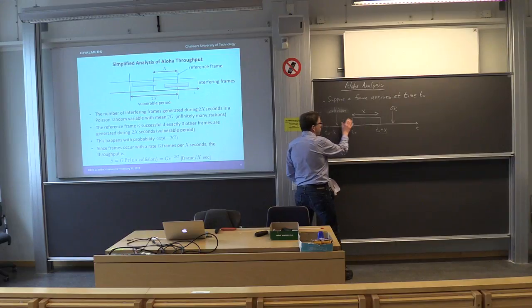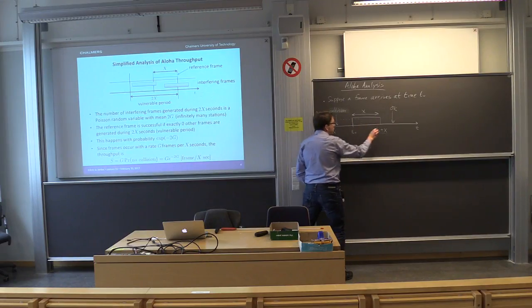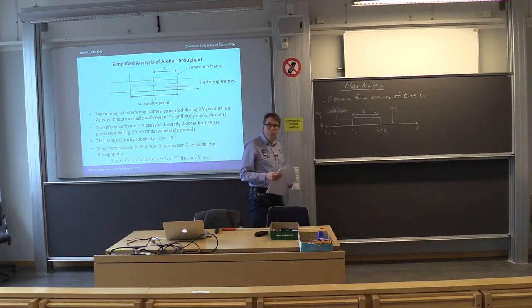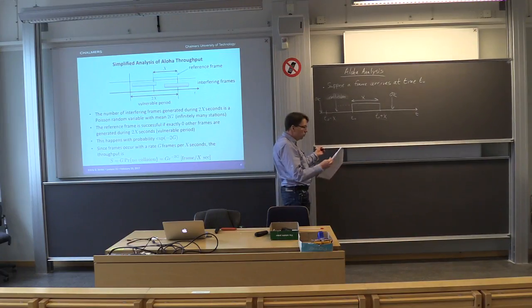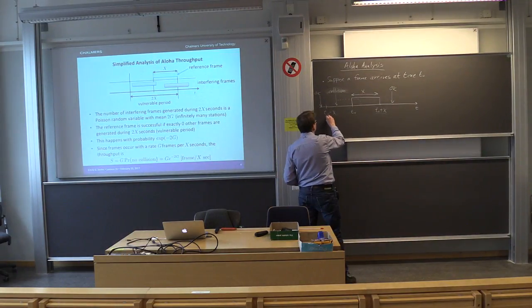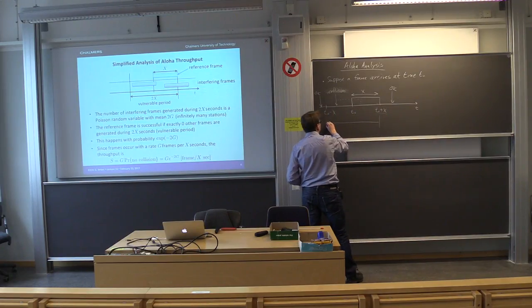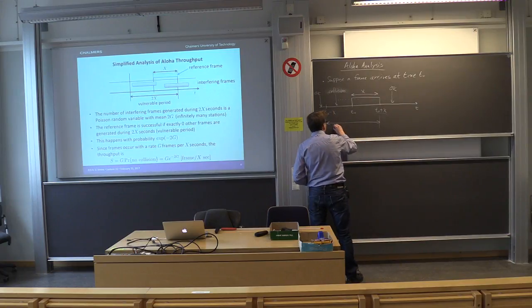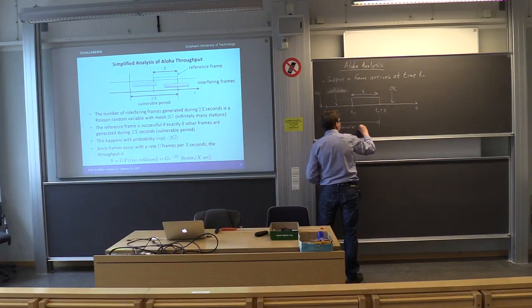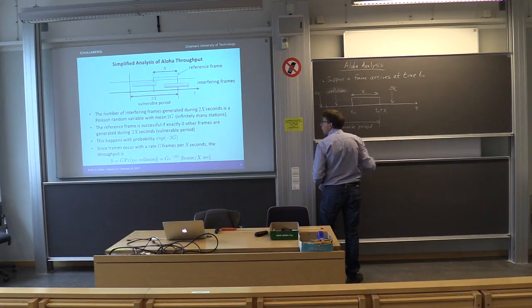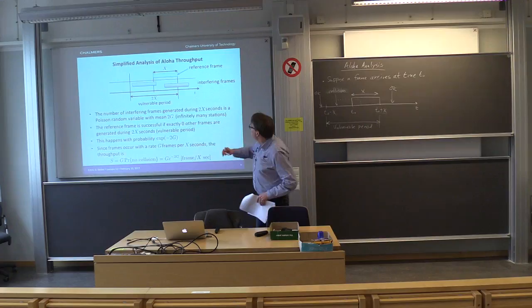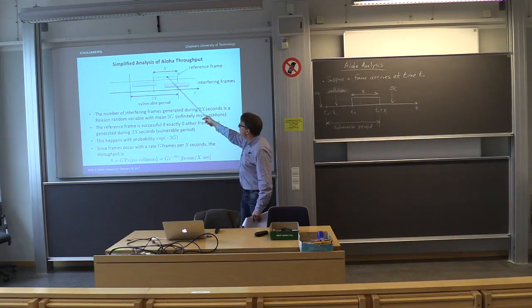So arrivals that occur between this time and this time will be very harmful. So we call this the vulnerable period. Okay. So if we are transmitting a frame here, any arrivals within this time interval here will cause a collision.